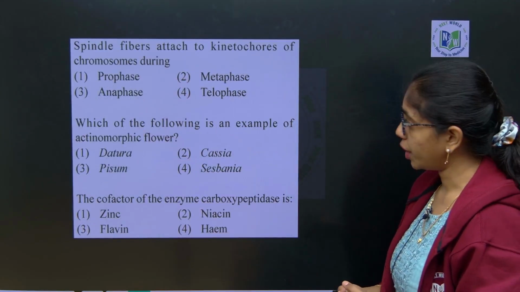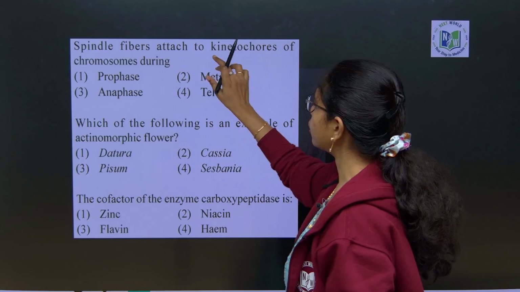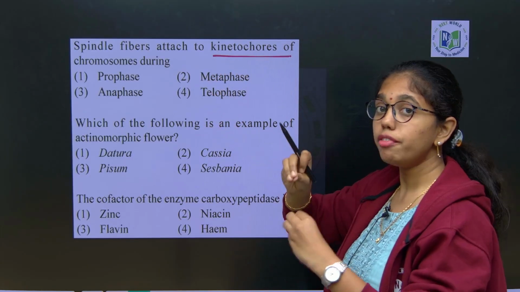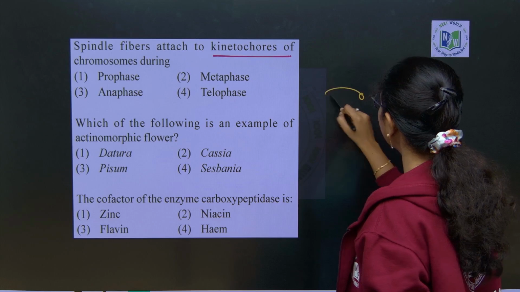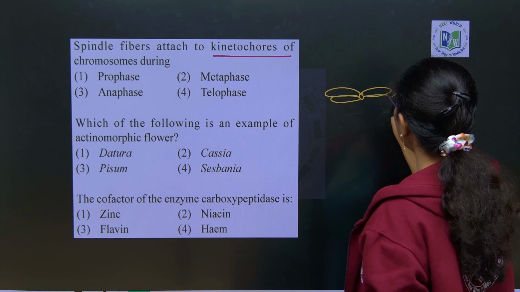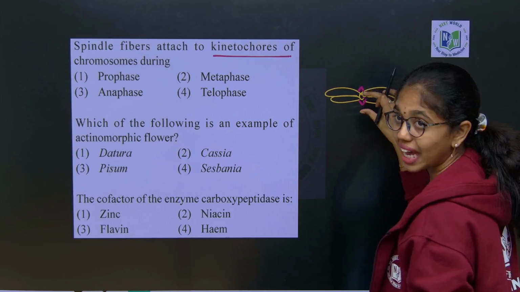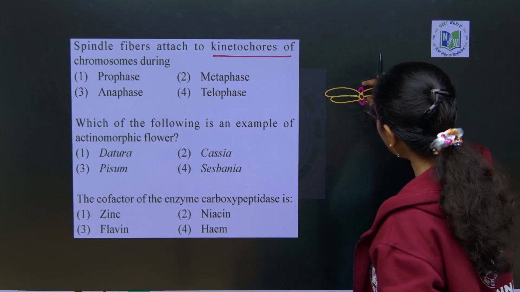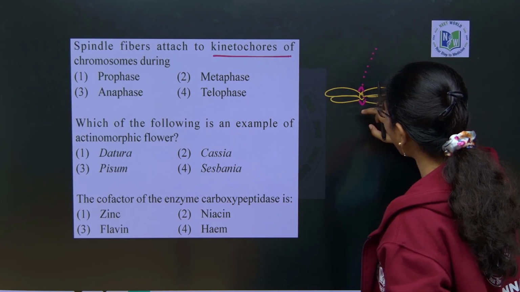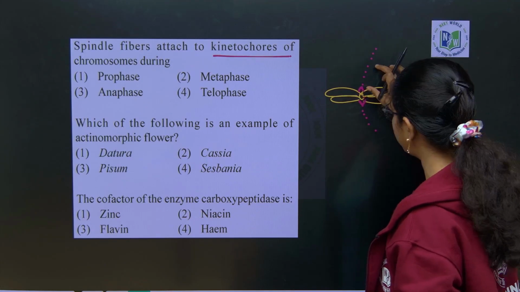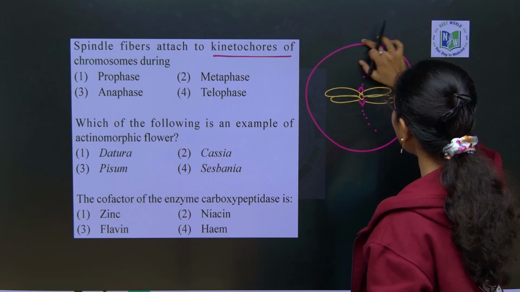Next question, if you look into spindle fibers attached to kinetochores of the chromosomes during spindle fiber attachment to the kinetochores. Look into it properly, beta. Kinetochores are the disc shaped structures which are around the centromere. Okay, so spindle fibers are connected to the kinetochores of the chromosome at metaphase stage.